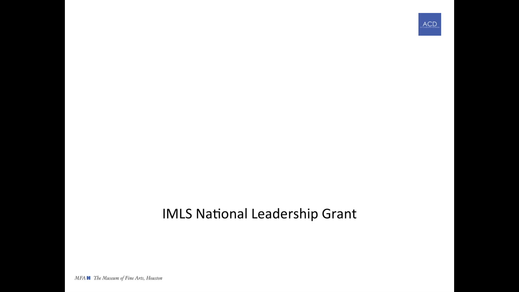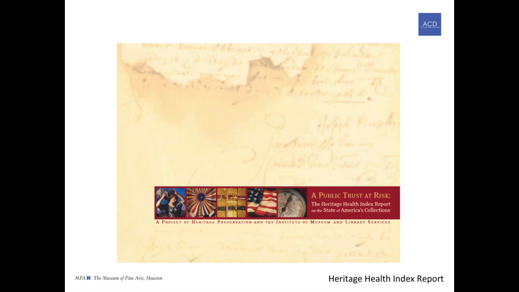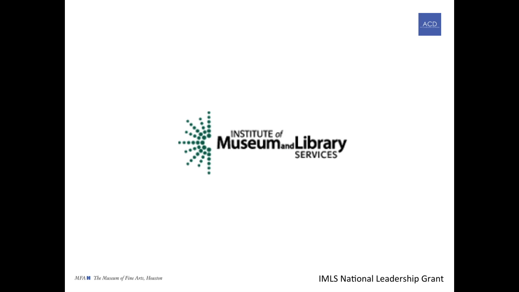So because of those things, and because our conservation director was reading the Heritage Health Index report by the IMLS and their Connecting to Collections call to action, we applied for and received a very generous IMLS grant to build our own system for conservation documentation.